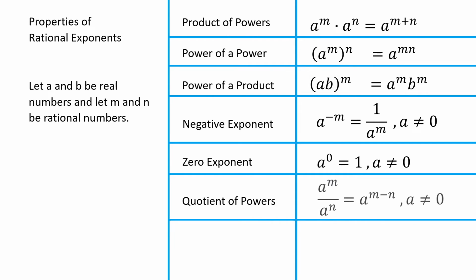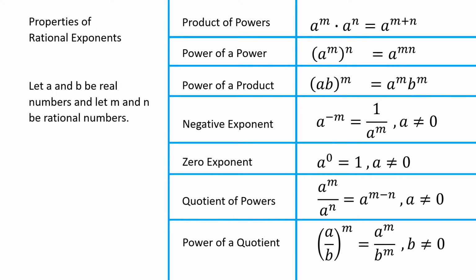Quotient of powers. Of course, quotient is that buzzword for division. Notice the bases have to match. They both have to have a base of a, and then I can just do a shortcut by subtracting the exponents. Again, the restriction a cannot be equal to 0 because we cannot divide by 0. Power of a quotient.